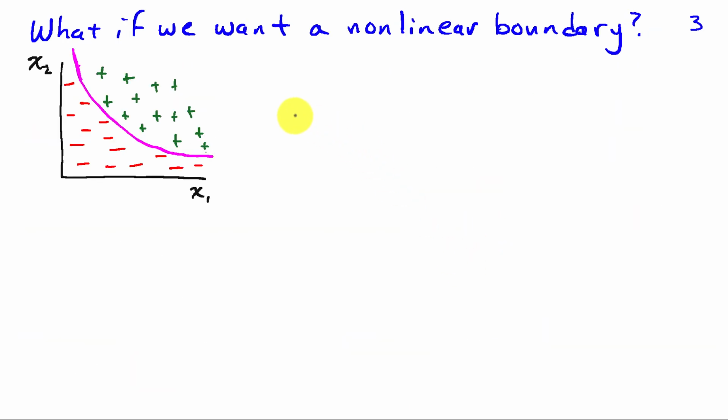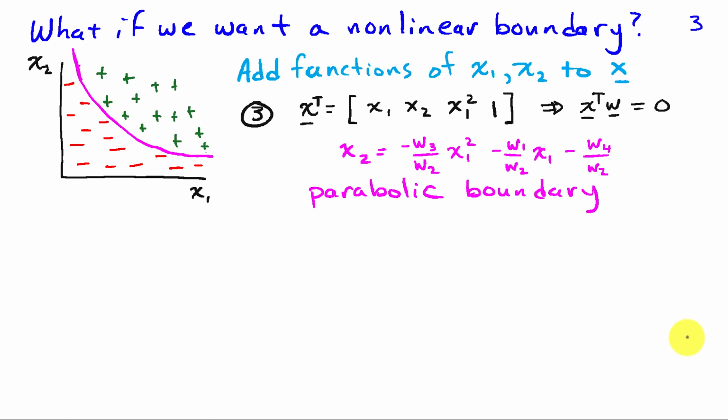Well, suppose that we really want to have a nonlinear boundary. In other words, we want to have some curve which is not a line. It turns out that the strategy we used a moment ago to get the non-zero y-intercept can be generalized to get more complicated boundaries. For example, let's suppose I throw an x1 squared term into my feature vector. So I'm including the measurement x1, the measurement x2, the square of the measurement x1, and then the constant 1.